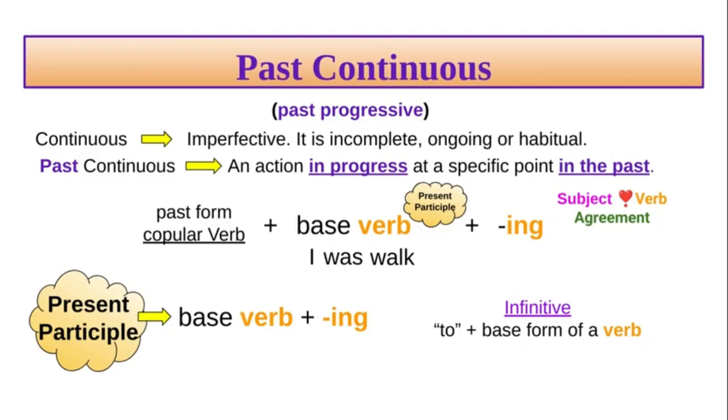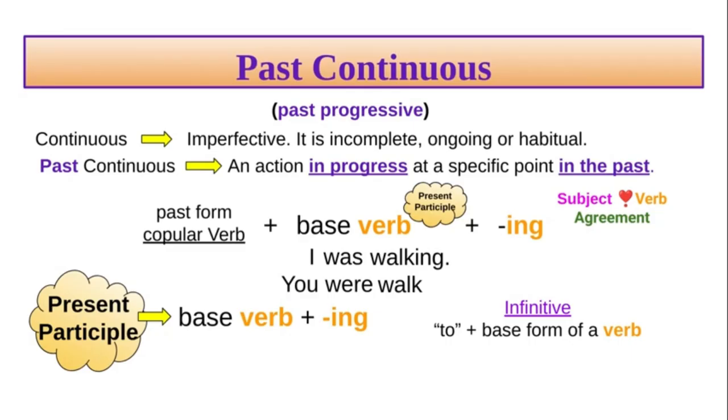walk, plus an ing ending. Okay. Here's another example using the second person pronoun you. The past form copular verb that agrees with the second person pronoun, okay, were, plus our base verb, walk.